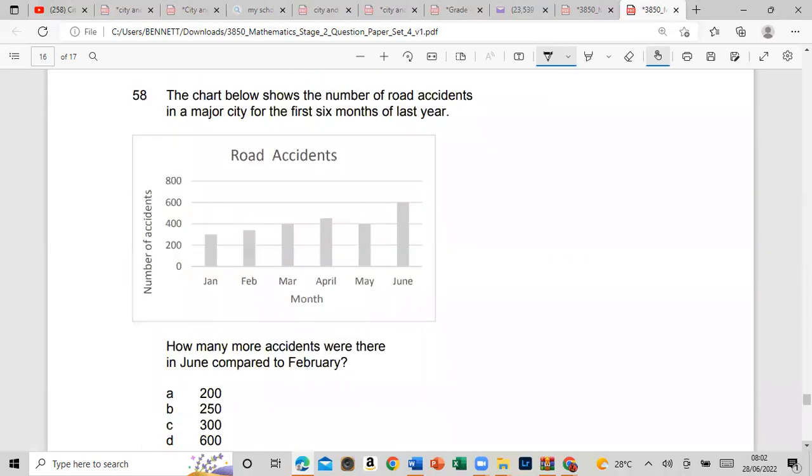The chart below shows the number of road accidents in a major city over 6 months of last year. How many accidents were there in June compared to February? So June is 600. And February will be, let's see how much it goes by 200.